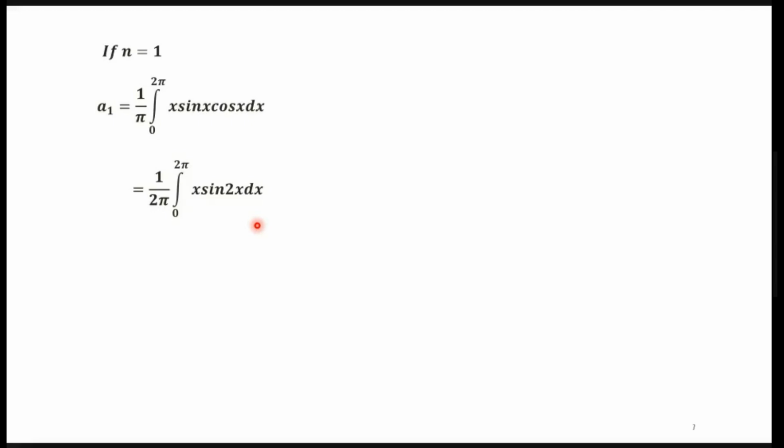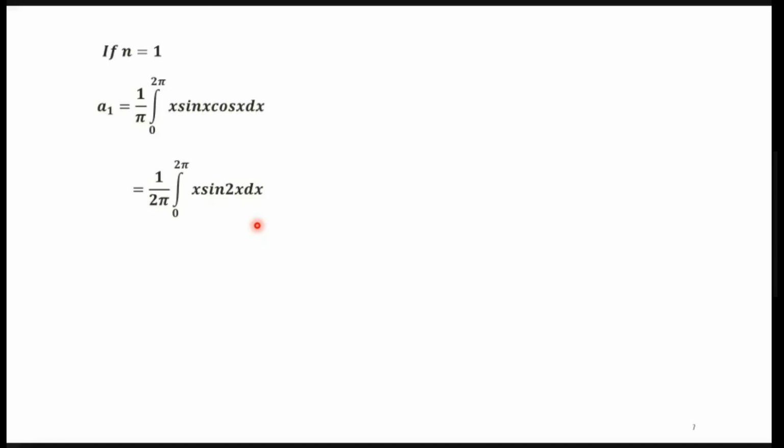Again use u into v. Taking x as u, sin 2x as v. Calculate the value of a1. Just try this. Tell me what will be the value of a1. Use u into v and calculate the value of a1. Why we are calculating a1?